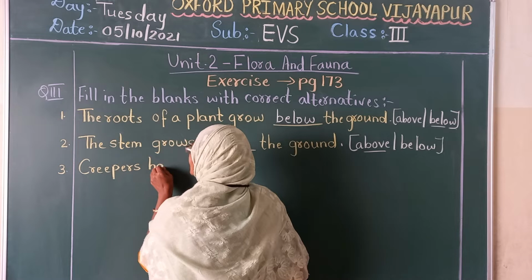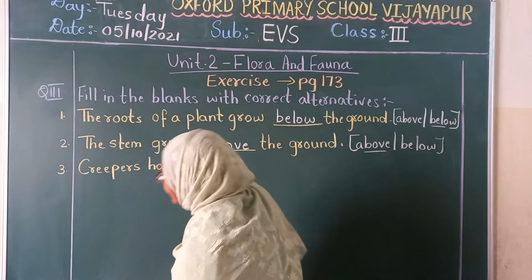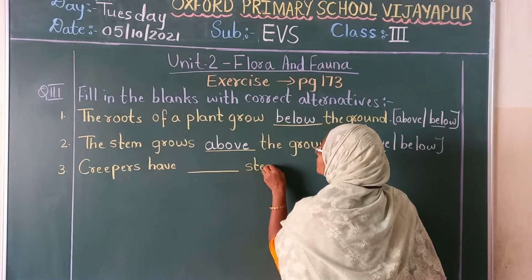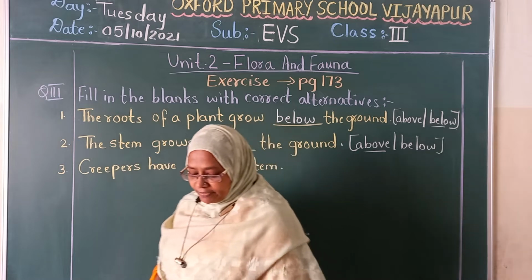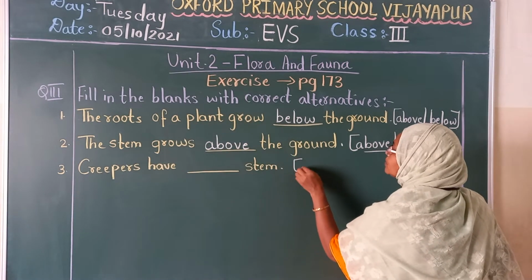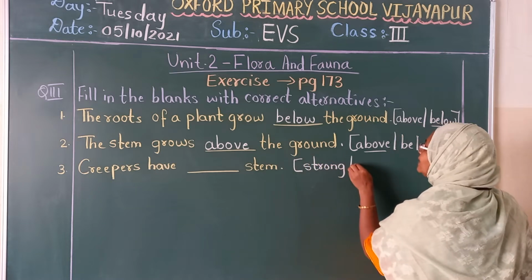Creepers have dash stems. Here what is the option they have given? Strong and weak.